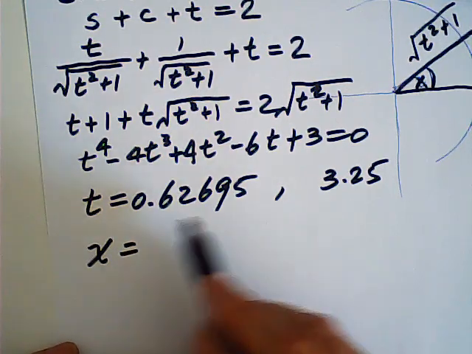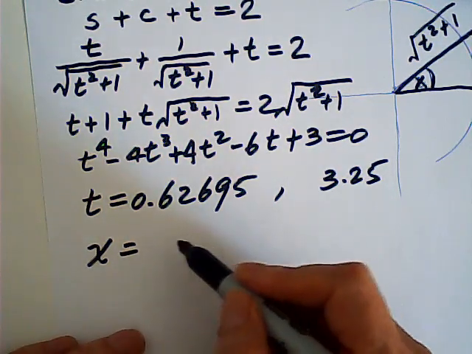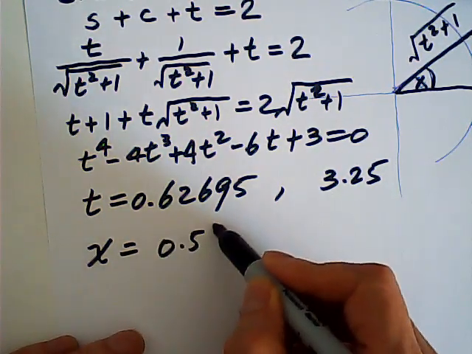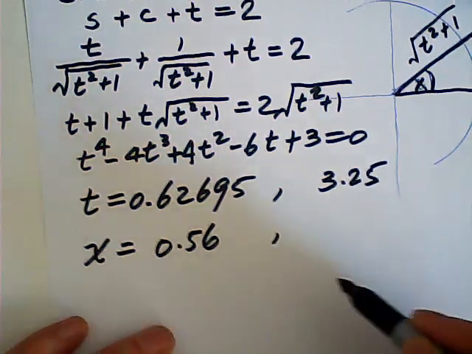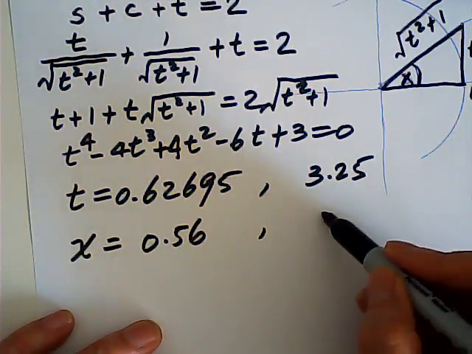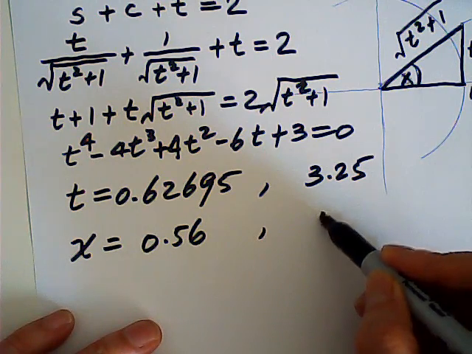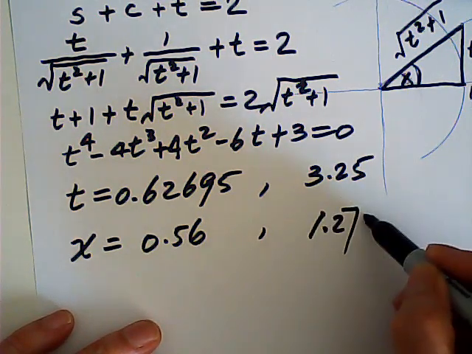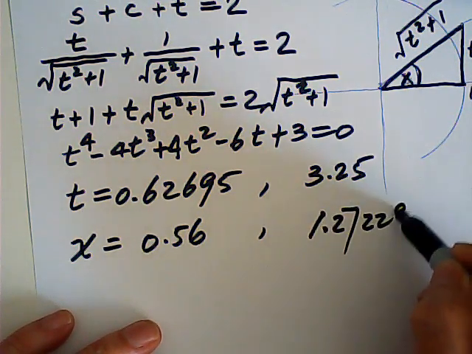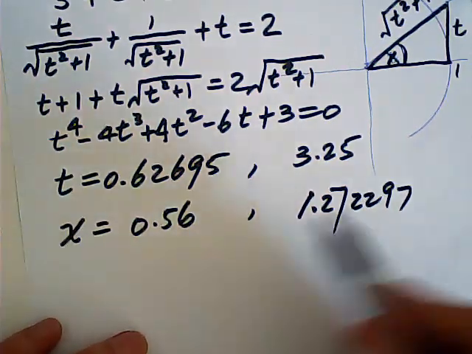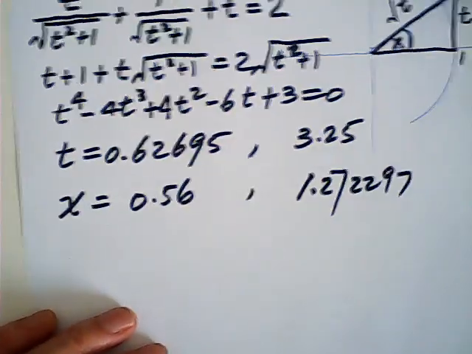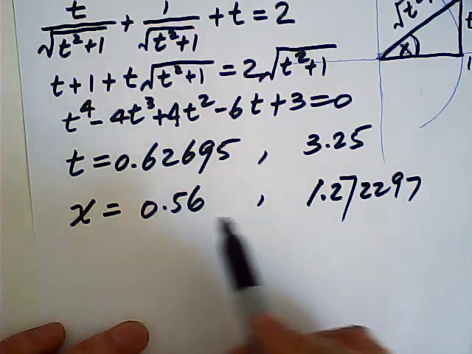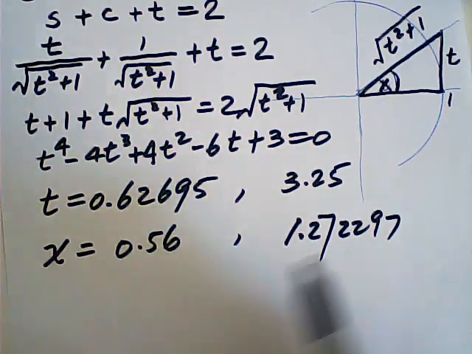X simply means arctangent. x is equal to 0.56, and this one is equal to 1.272297. So we find the two x's, okay? Both of them in the first quadrant.